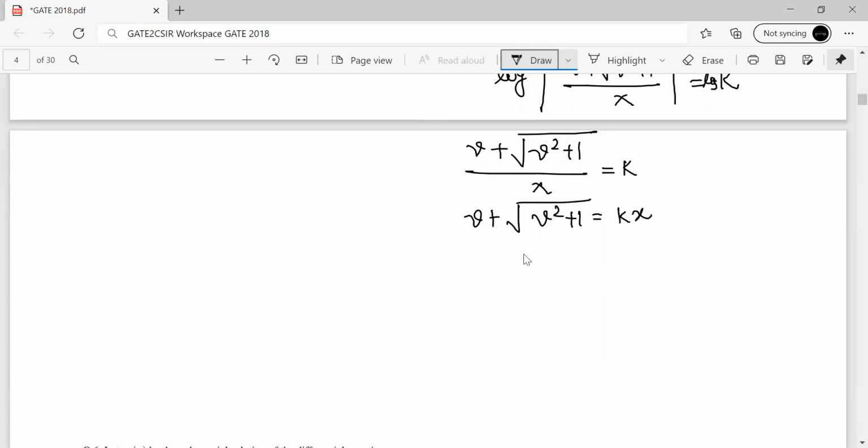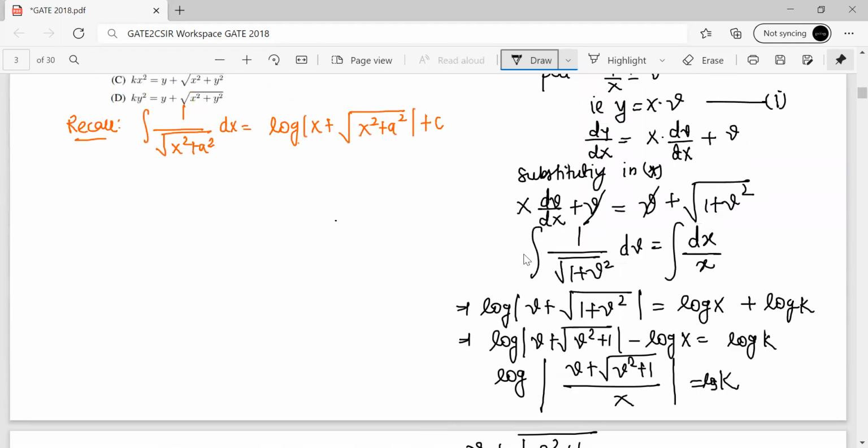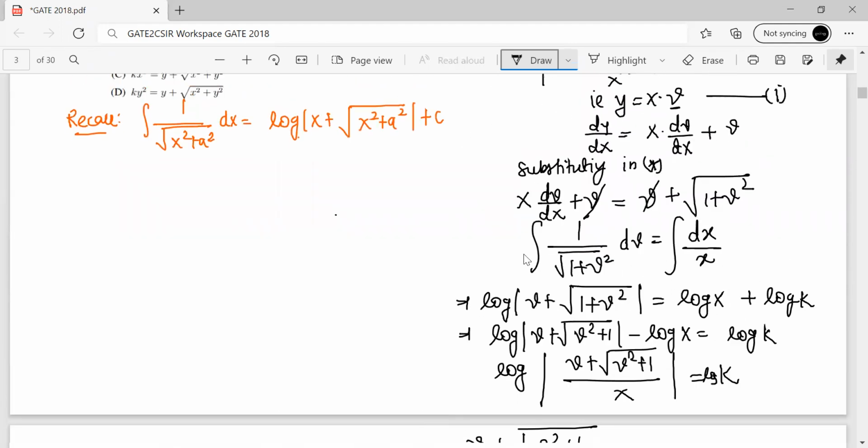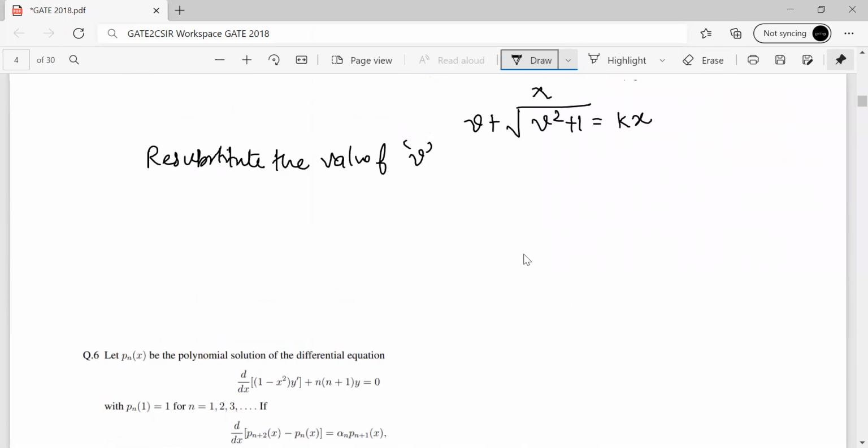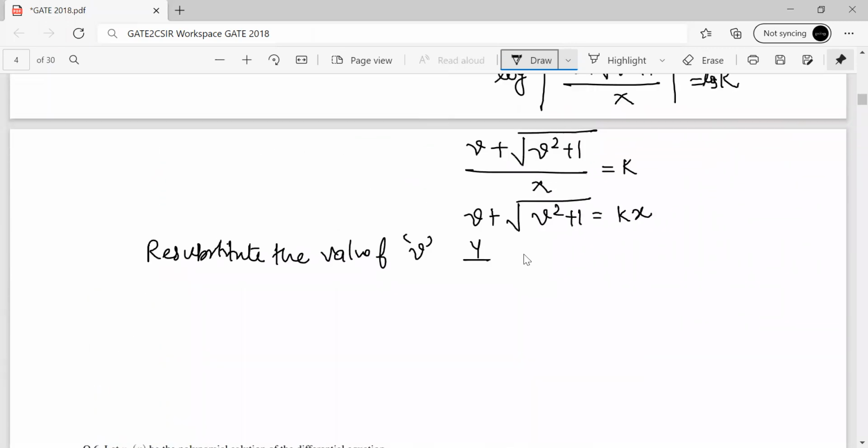And now let us resubstitute v, which is y over x. So instead I'll put y over x plus under root y square over x square plus 1 equal to kx.